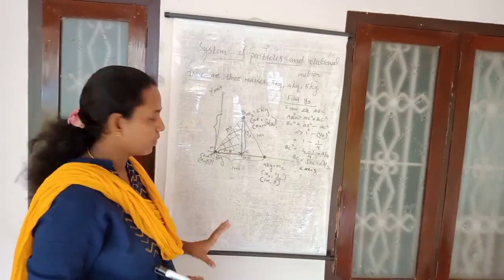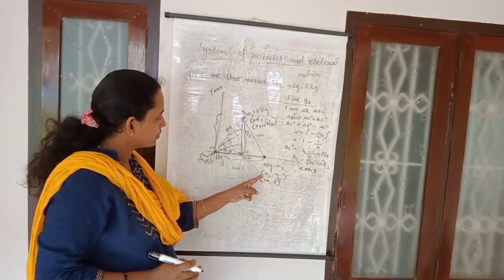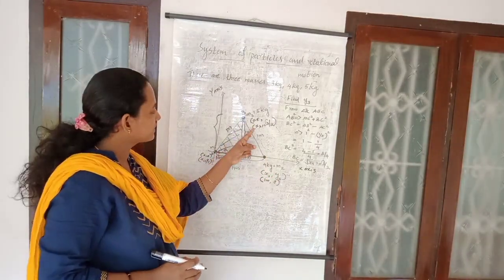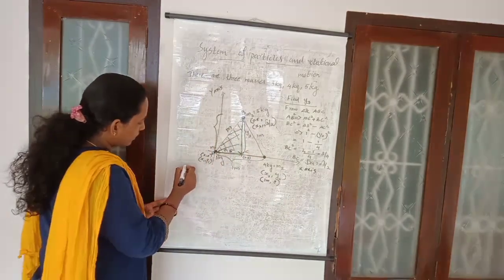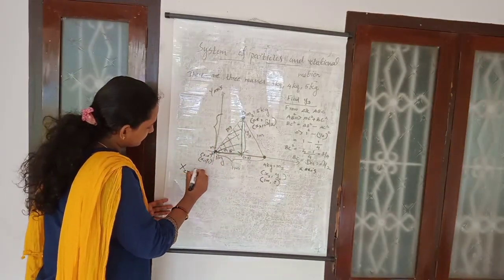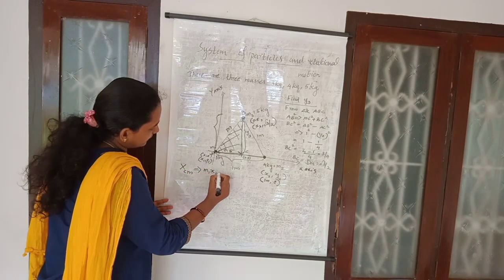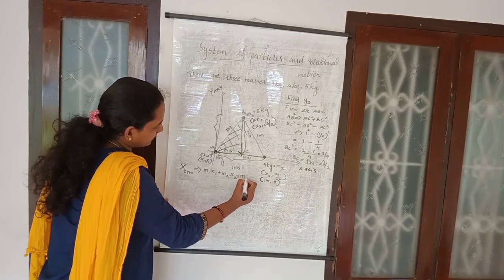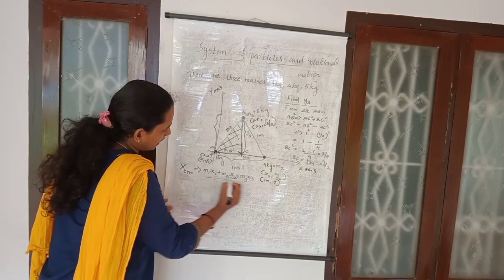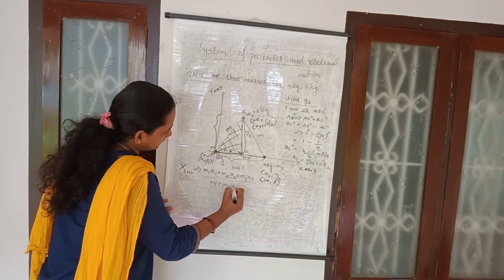So now we know X1, Y1, X2, Y2, X3 and Y3. Then first you can calculate X center of mass. X center of mass is (M1 X1 plus M2 X2 plus M3 X3) divided by (M1 plus M2 plus M3).